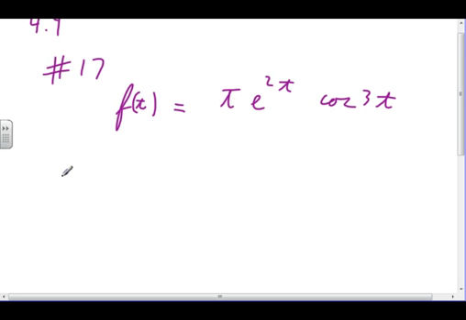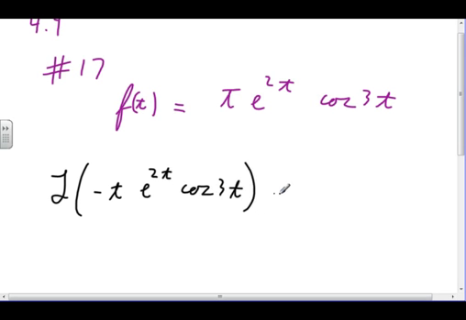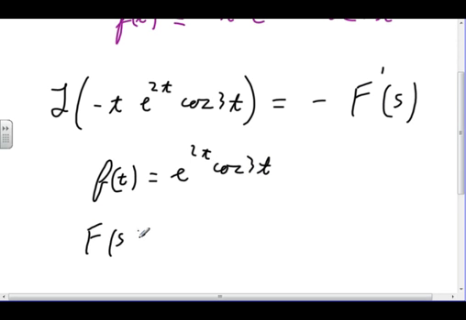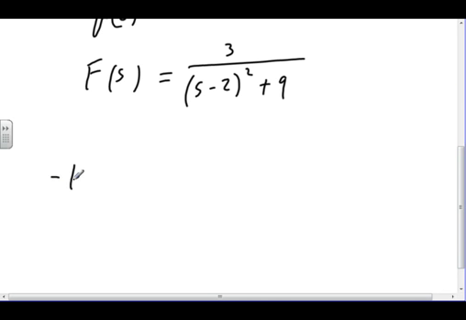The Laplace transform of minus t e to the 2t cosine 3t is equal to minus f prime of s. f of t is equal to e to the 2t cosine 3t, and F of s is 3 over (s minus 2) squared plus 9, and we want minus the derivative of that.